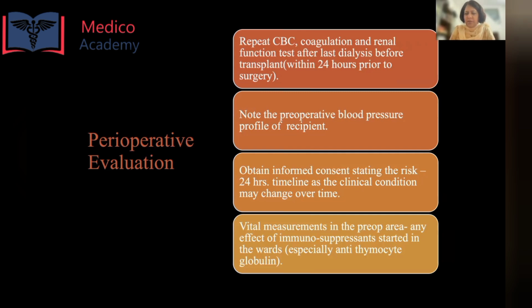Vital measurements in the preoperative area, or what we call immediate preoperative assessment, which is also a NABH and JCI mandate, must be done. The most important reason is that these patients can be sick to begin with, or there may be an effect of immunosuppressants in the form of tachycardia, a slight fall in saturation, sweating. So these should be attended to before we take the patient for induction.